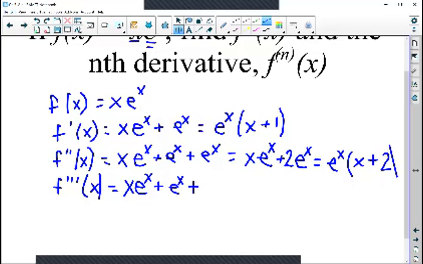And from Thursday, we had a rule about a constant times a function. We get that constant times the derivative of the function. And what is the derivative of e to the x? E to the x.